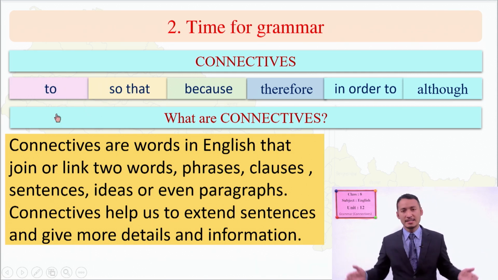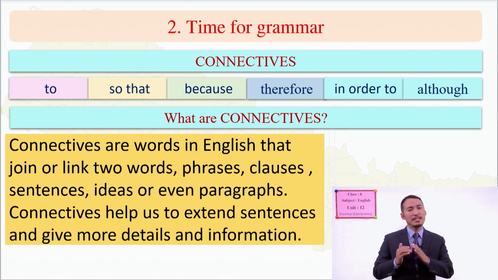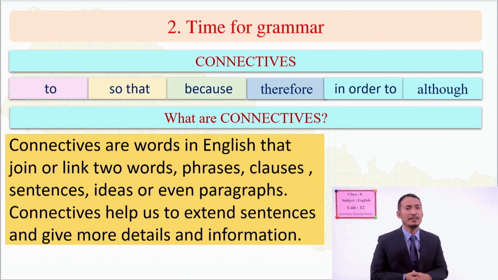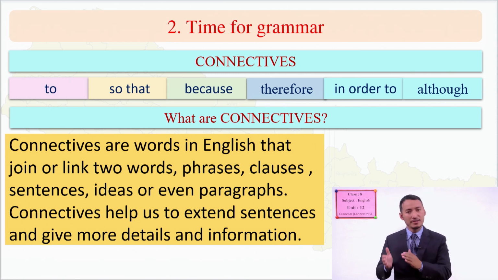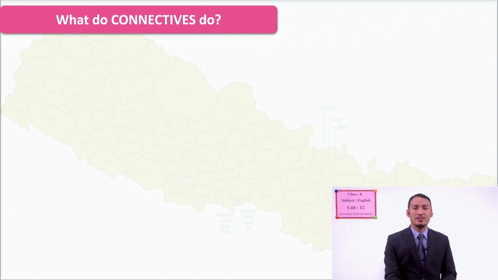Likewise, you can add why you do something, what you are going to do after something, when you are going to do something, and what makes you do that thing. And you are going to give reasons and so on.